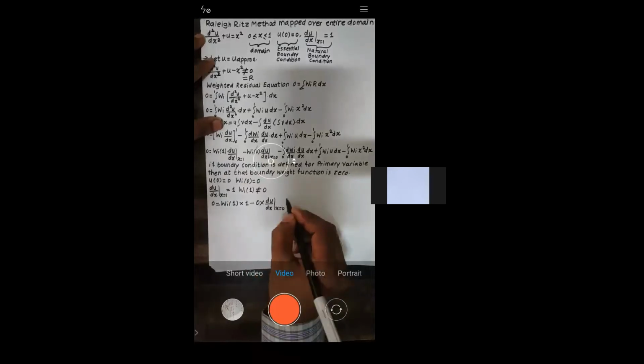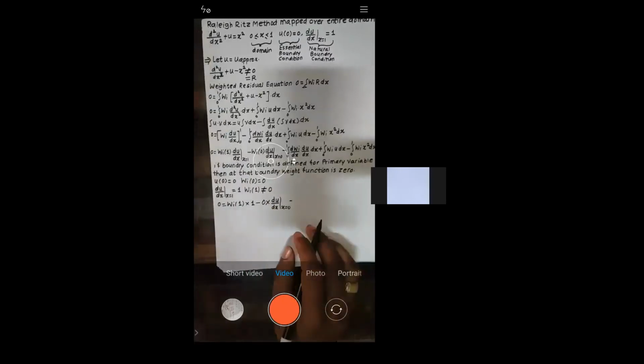Next, minus, right? What about these terms? They're going to remain as they are.